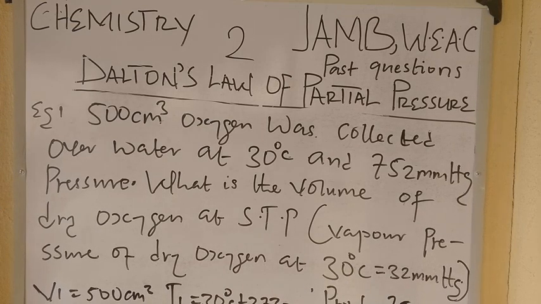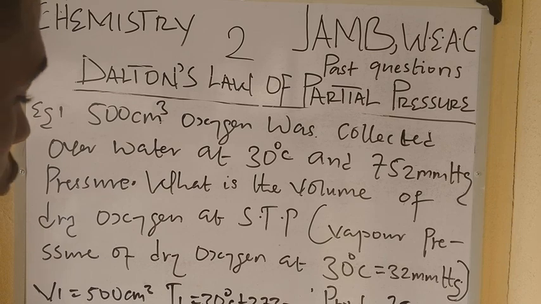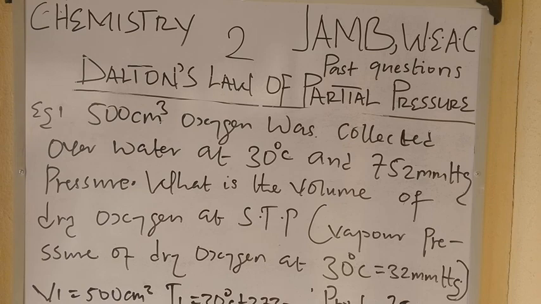So our VPW, vapor pressure of water, is equal to 32 millimeter mercury. So this is our possible data.